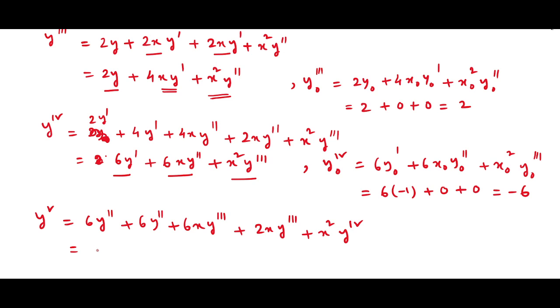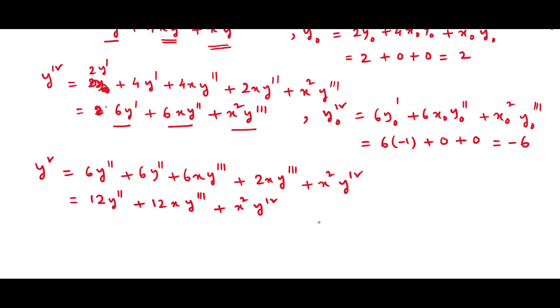So if we combine some terms, then it will become 12y double dash plus 12x y triple dash plus x square y4. Okay, so now find y naught 5.